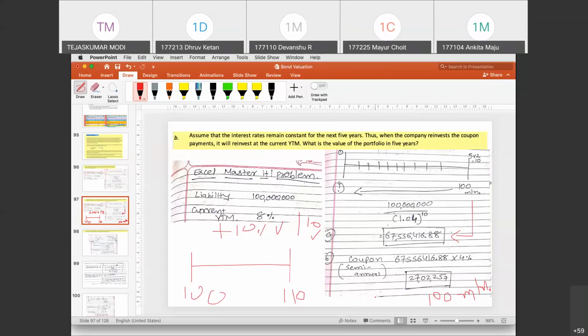So why is the answer matching? Because the coupon and the market returns are the same. Because we back-calculated to arrive at the coupon value, the future value of all the coupons, together with the interest on all the coupons, has to be 100 million. So the value of the portfolio in 5 years has to be 100 million only, right?